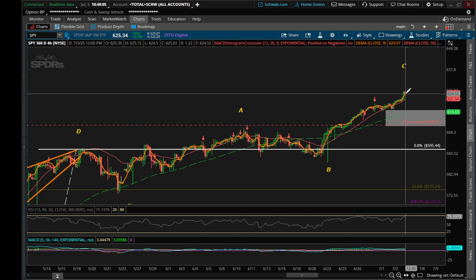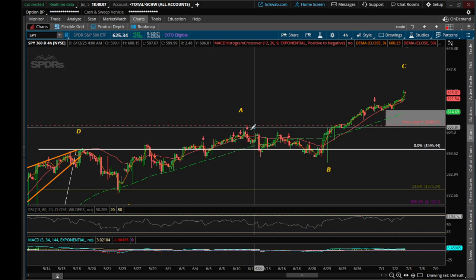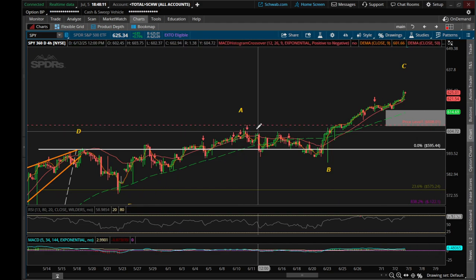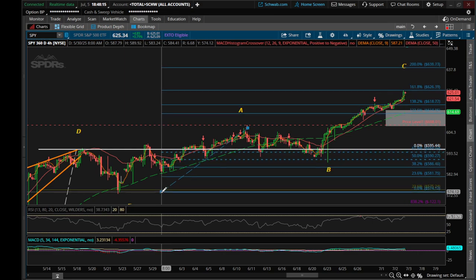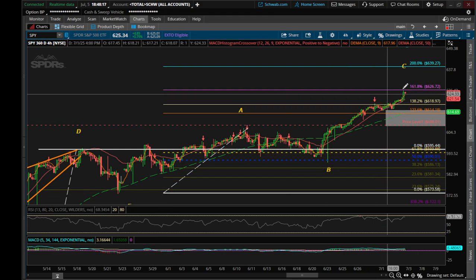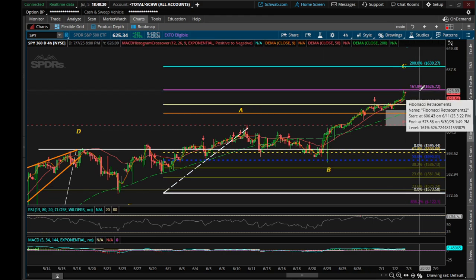As far as the 161, let me put that back up there real quick. As far as this 161.8, there's not enough information to tell me that's going to hold yet.